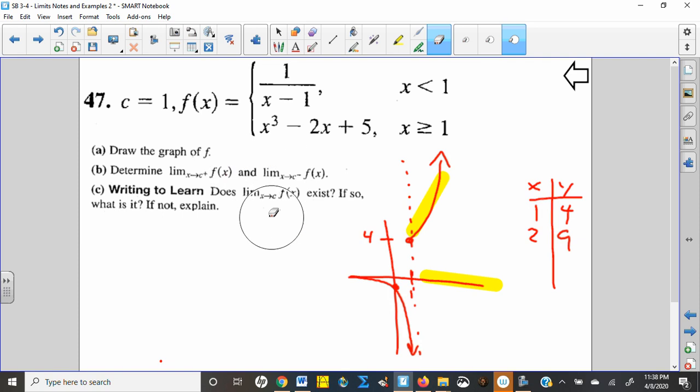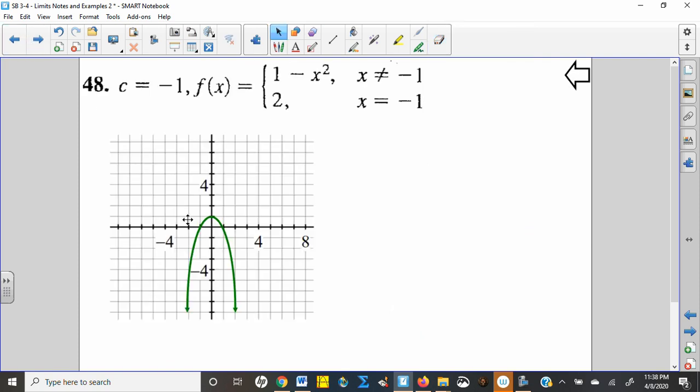Okay, and then 48 was the last problem, and it was a parabola for the most part, right? It was 1 minus x squared, so it was reflected and then vertically translated up 1. It just kind of looked like this, except it was not defined for some reason at negative 1.